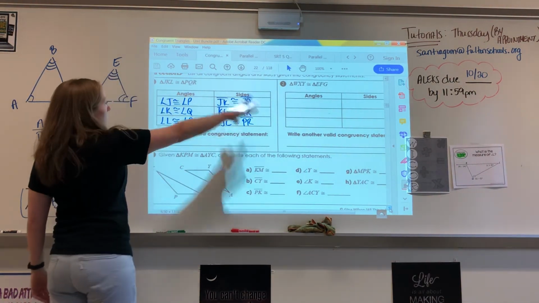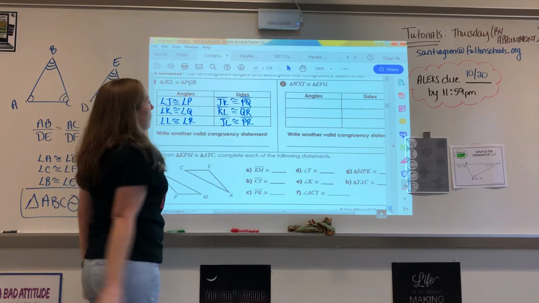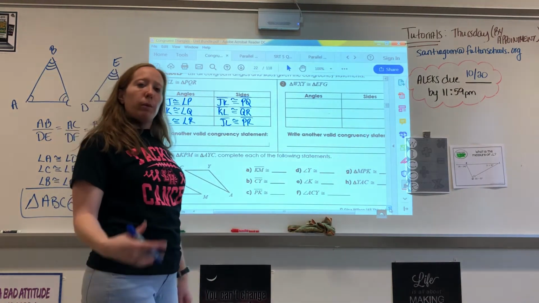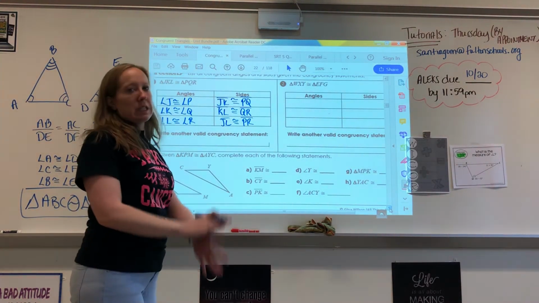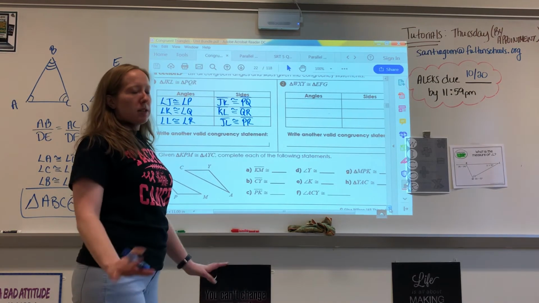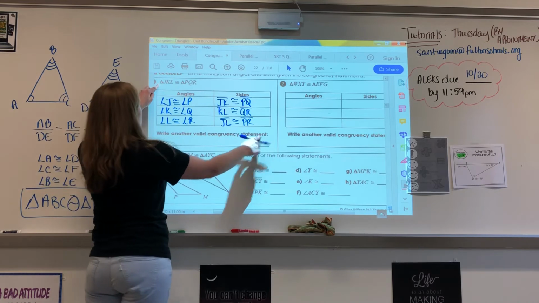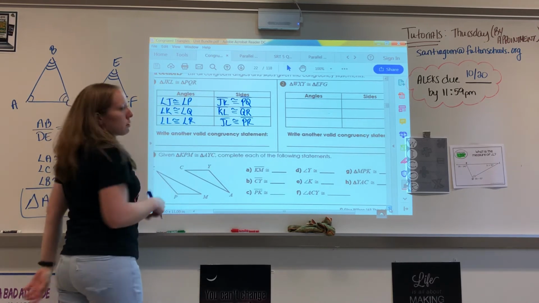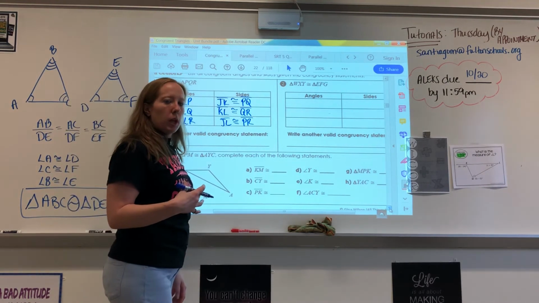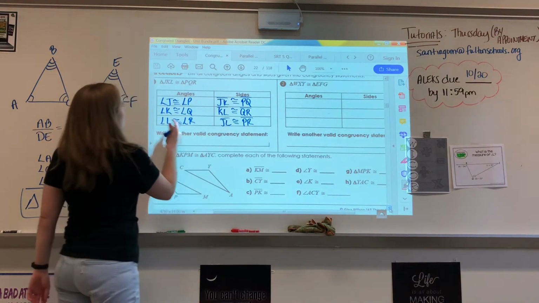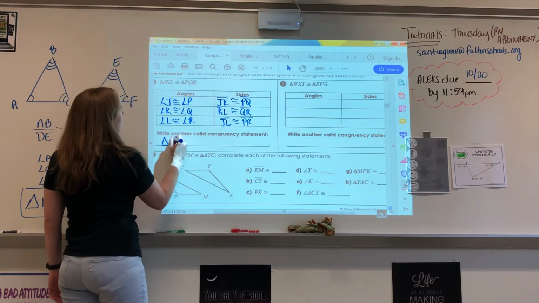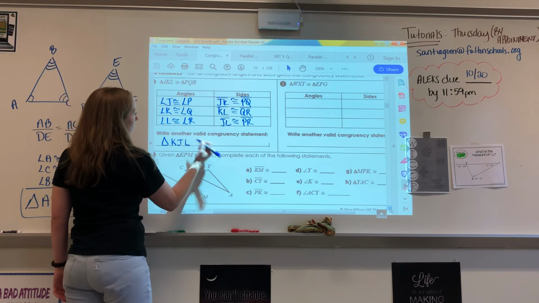All right, now once I've shown this, it says write another valid congruency statement. Well, remember, I had told you consistency. Best friend in the world, whether you like it or not. Congruency statement. So instead of JKL, I know some of you might write it backwards or something, but I want to do something a little more challenging. So I'm going to say triangle KJL.